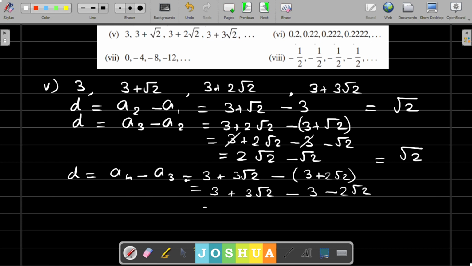So finally we get 3 root 2 minus 2 root 2, and that is equal to root 2. In the previous steps plus 3 and minus 3 get cancelled, so therefore the answer is root 2. In the given series, question number 5, the common difference is square root of 2. Now I am going to find the 3 more terms for the given AP. So I write the value here.